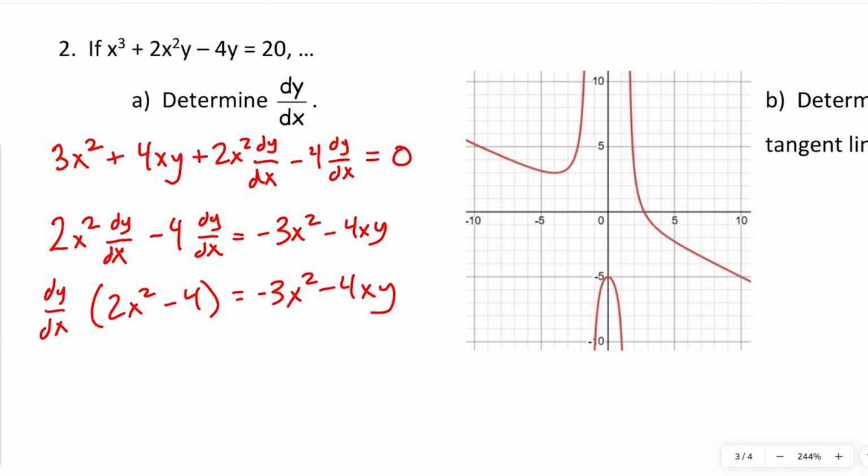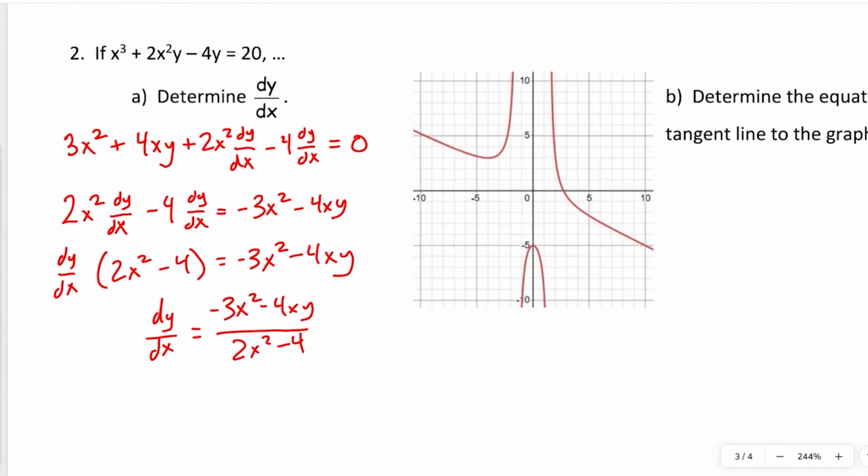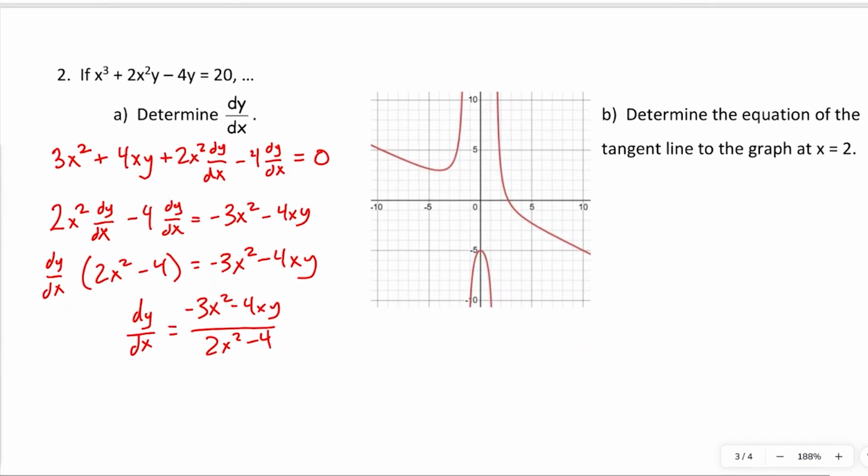And then finally, we want to divide to get that dy dx. All right, so this equation is going to give me the slope anywhere I want it. Part B, determine the equation of the tangent line to the graph at x equals 2.